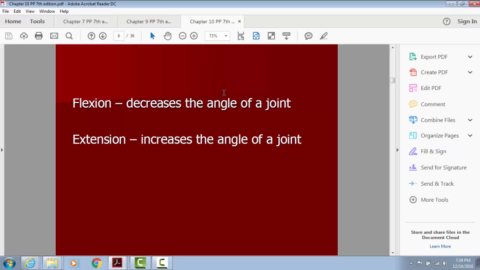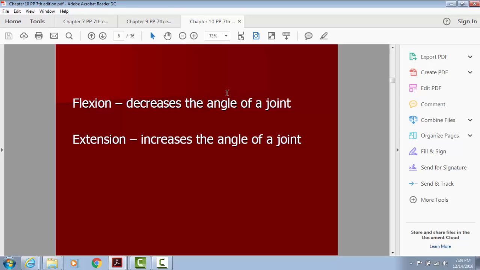Another motion is flexion and extension. If you flex a muscle, you'll see the lady in the picture, she is bending her arm and decreasing the angle of the joint. The angle of the joint is right at the elbow. Then with extension, she's increasing the angle of the joint.